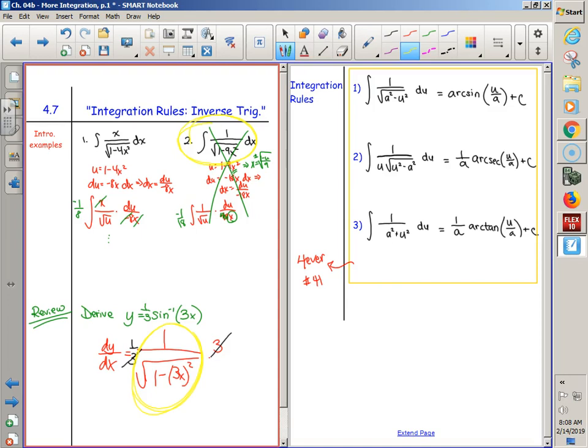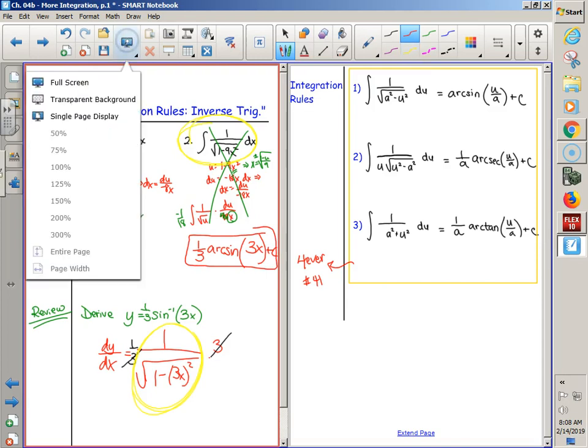What was the answer to this antiderivative problem up here, kiddos? 1/3 arc sine or sine inverse of u, who is the guy who's been squared, 3x over a, who is the guy who's been squared, 1, plus c.